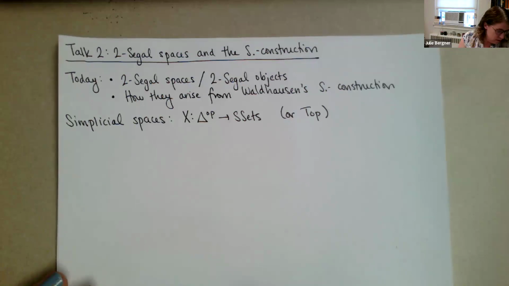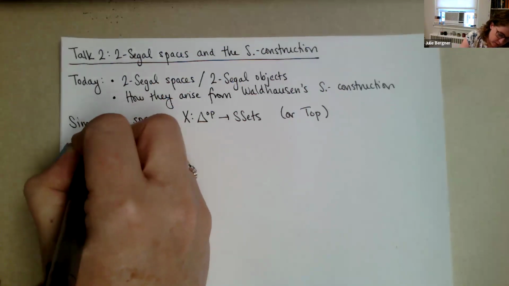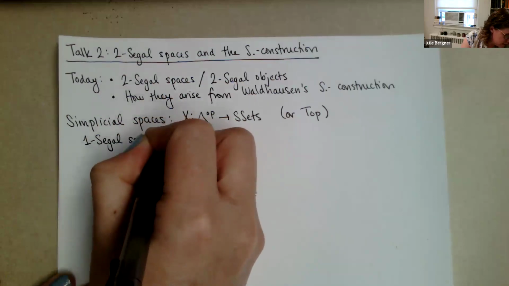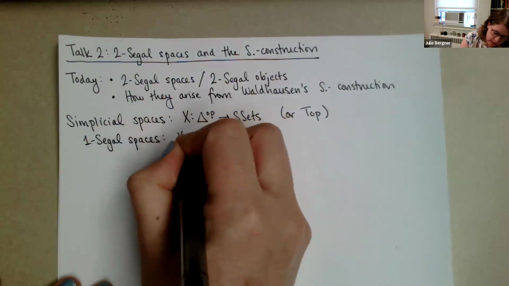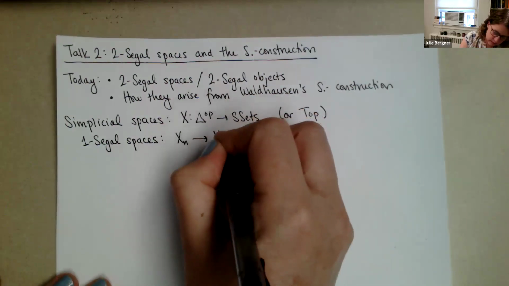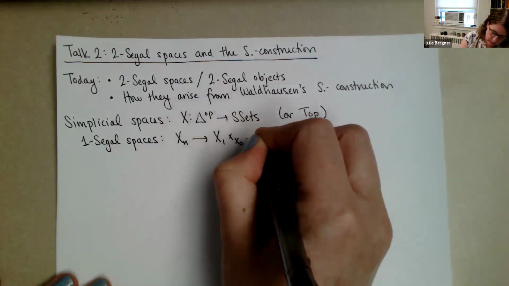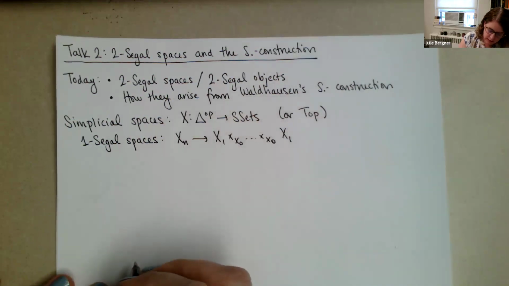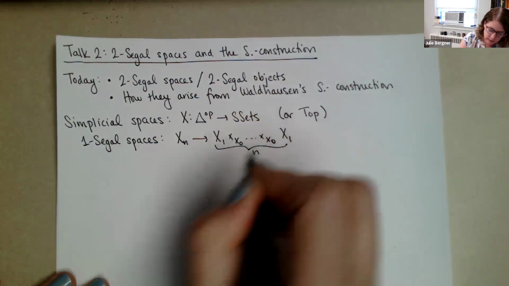So then we can talk about one Siegel spaces, or just Siegel spaces. Now these Siegel maps that we talked about last time go from Xn to this iterated pullback of copies of X1 along X0. So we had n copies.